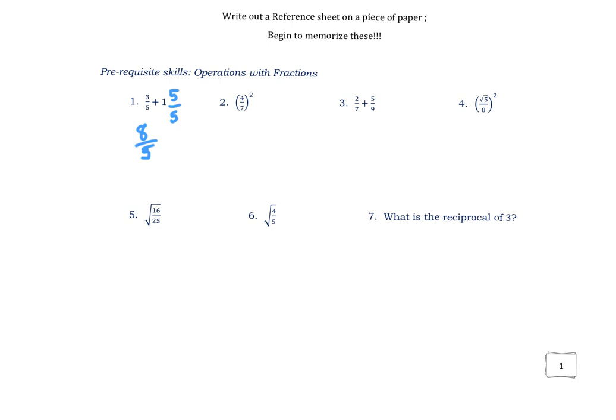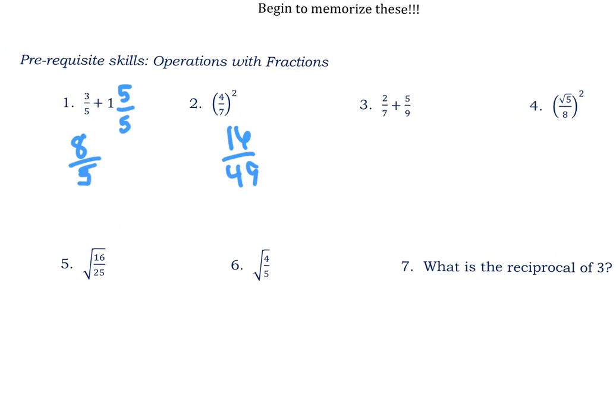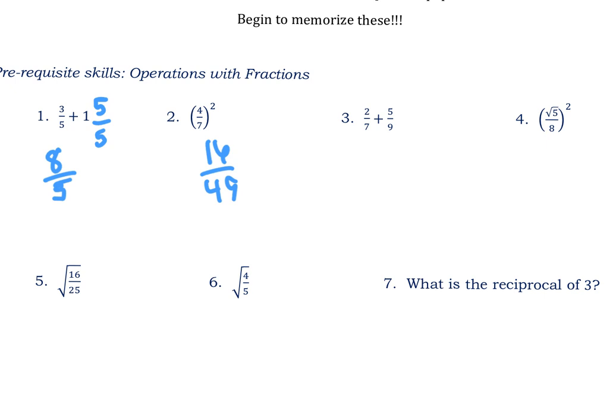All right, if we are squaring a fraction, Vinay, what do we get for that? 16 over 49. Excellent. What about number 3? We need a common denominator there, right? And so the first fraction becomes what, Chloe?